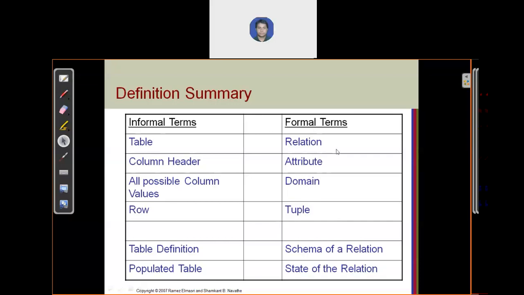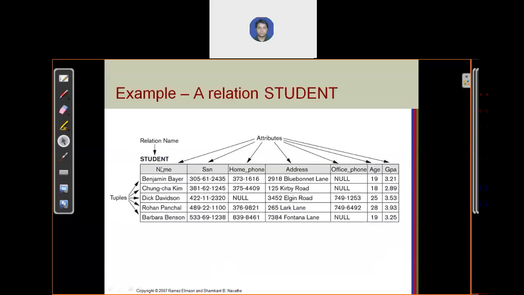A table definition we call the schema of the relation, and a populated table is called the state of the relation or an instance of a relation. These are the informal and formal terms. In this example we discussed what the attributes, tuples and domain are.